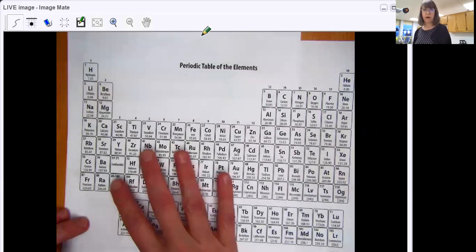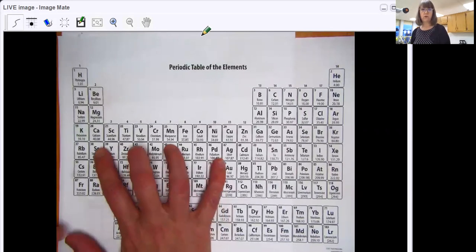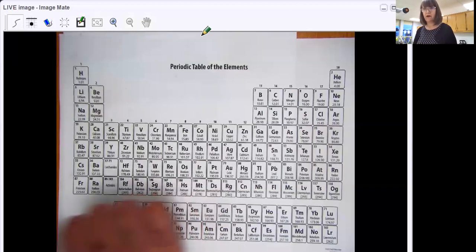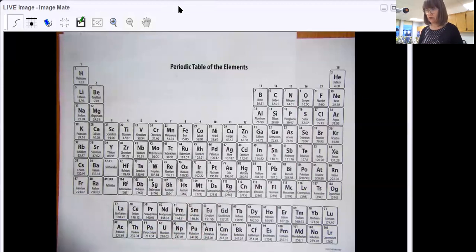The first thing I want to remind you of is when we were looking at the periodic table, one of the things we said you could do was label the 8 tall columns left to right, 1 through 8, and that would represent the number of valence shell electrons in those columns.